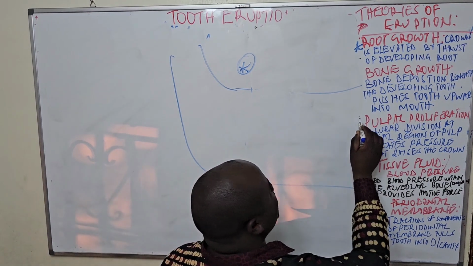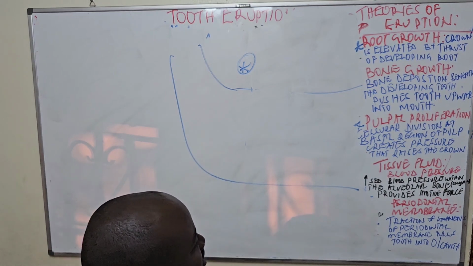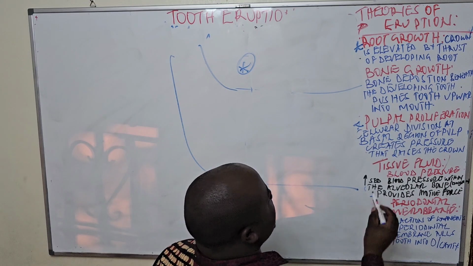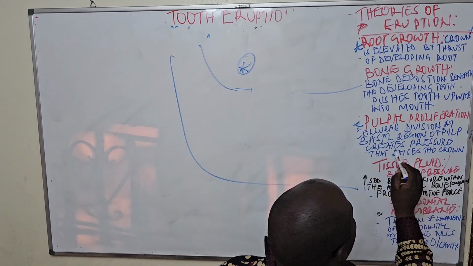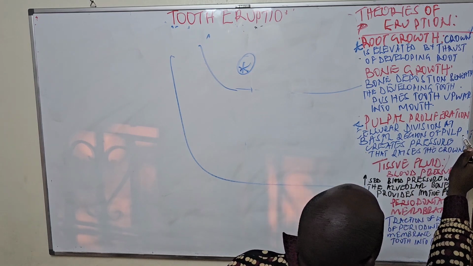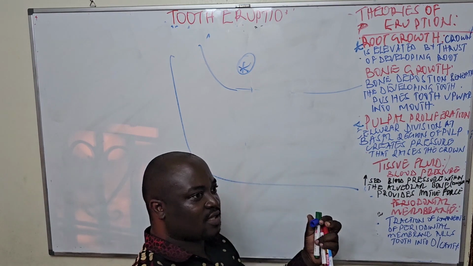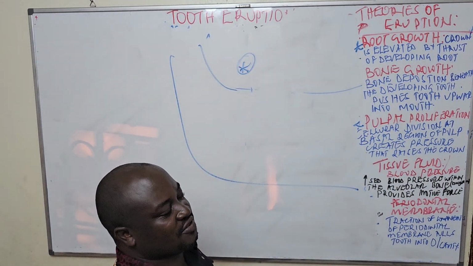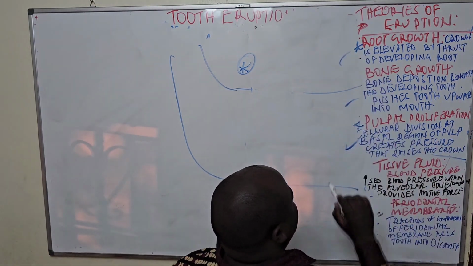Then also we have pulp growth, or rather pulp proliferation. It is assumed that there is always cellular division at the basal part of the pulp that creates pressure that pushes the tooth into the oral cavity, that is, the mouth. Those are three.